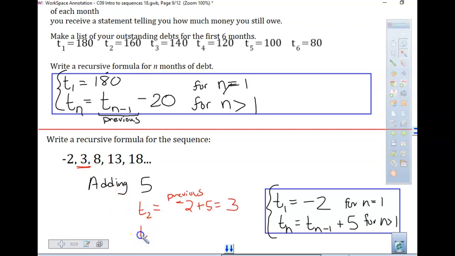And if I wanted to find T sub 4, I'd look at the third term, right? That's the previous. The third term was 8. And if I take 8 and add 5, I got the fourth term. This is what it was supposed to be. The formula worked, right? So you can always plug in and check that it works.